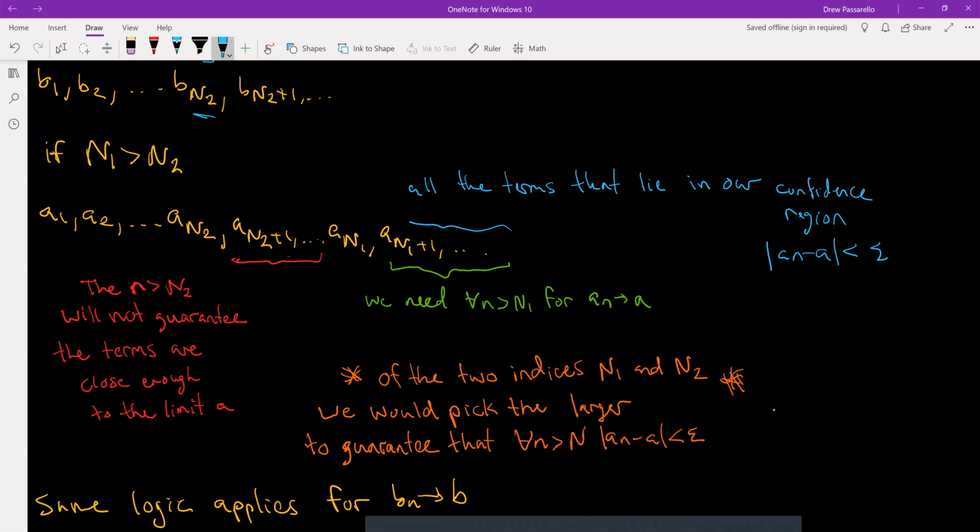But the terms that come before that, if we use the indices for those, might not be in our confidence region.